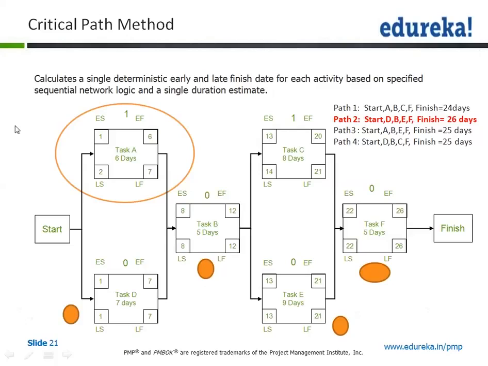We talked about floats. Free float is something you have witnessed in the calculation we just did in this diagram. The free float for this is one day in this activity, the second day in this activity, and primarily, I believe, path A carries a 2 days float, path 3 carries a 1 day float, path 4 carries a 1 day float.